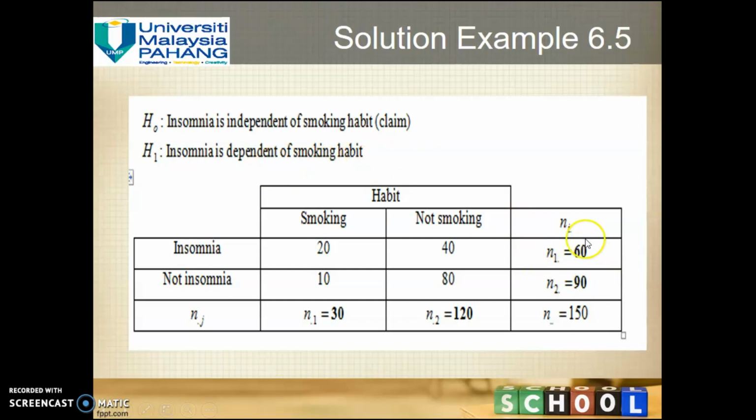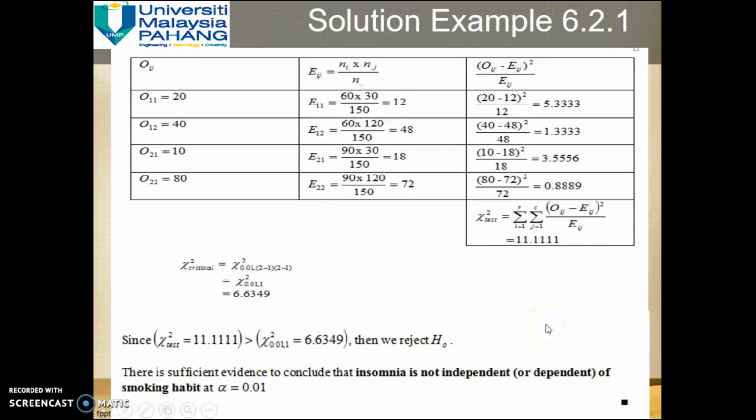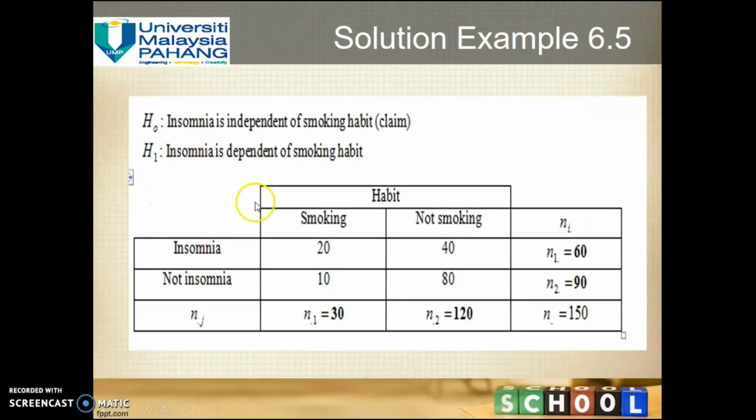So you can calculate the summation value here to find your E. It is not compulsory to write in your answer scheme; it is for your reference. Then you calculate E, because we need E to calculate the chi-square. The first column here is the observed frequency from the data.